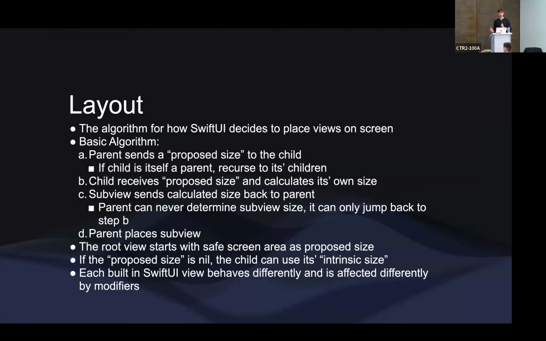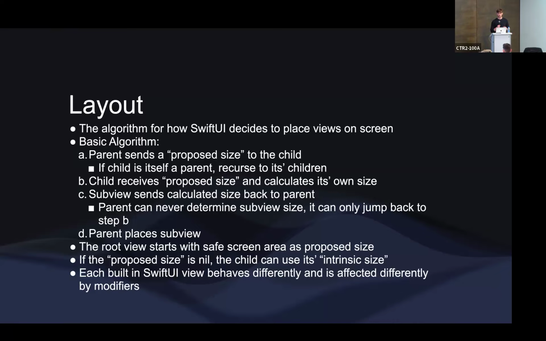So if we go back to our render trees, we can think of the parent view starting off, and it's going to propose a size to its child, and we're slowly going to recursively propose sizes down until we hit the leaf nodes of our children. And then once we hit the leaf node children, the children are going to receive that proposed size. It's going to calculate the size it needs, and then it's going to send that back to the parent. So the subview calculates its size and sends it back to the parent.